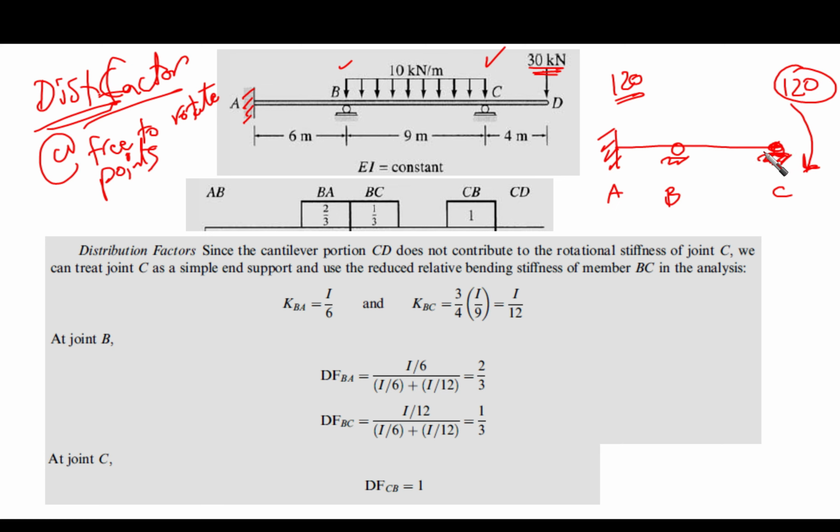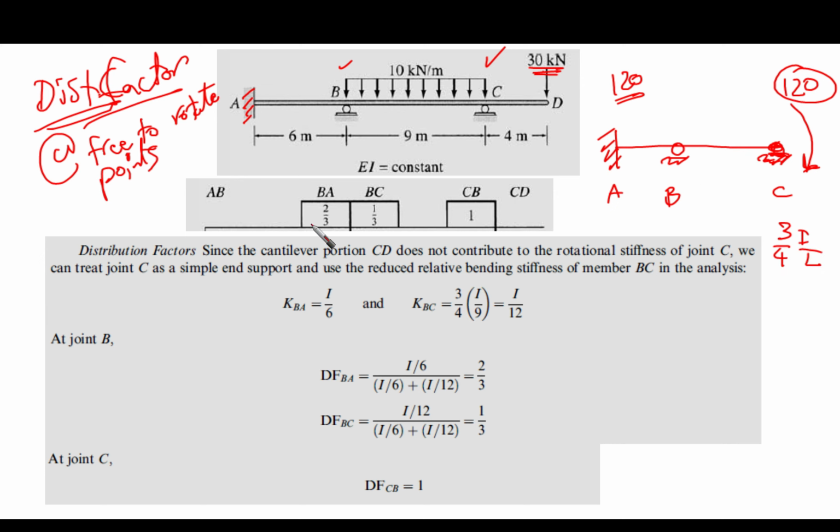Simple. It is hinge. So now we are going to simplify our moment distribution process. We're going to consider the far end as hinged, and we are going to use 3/4 I over L for this span in our moment distribution.